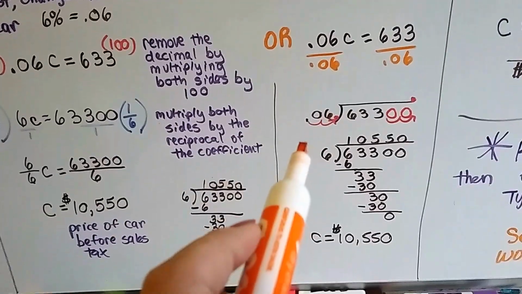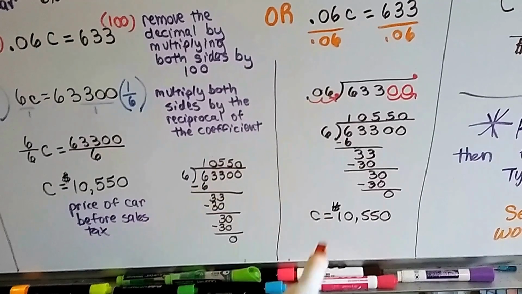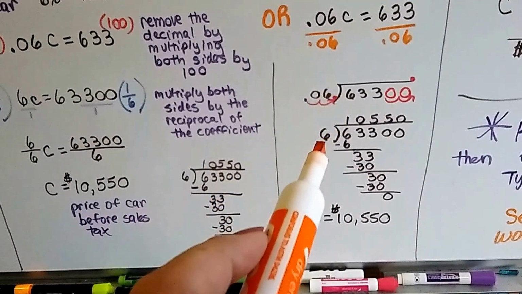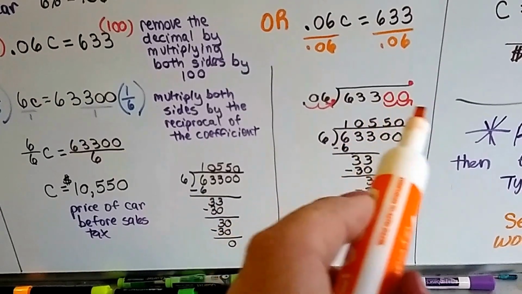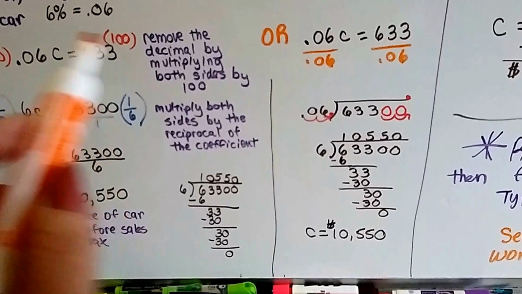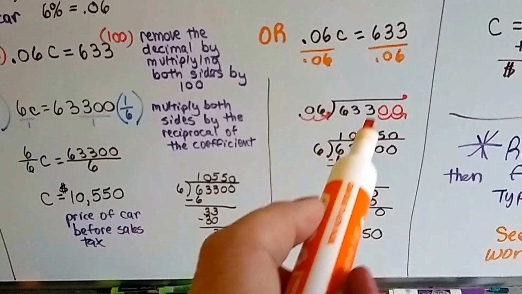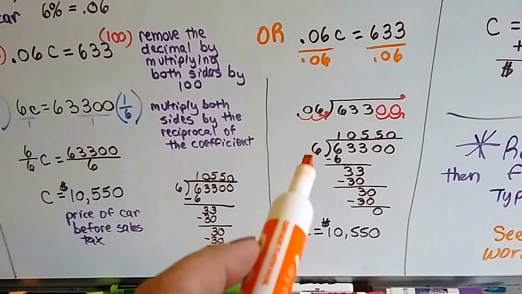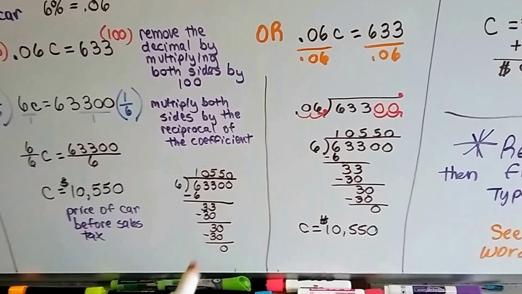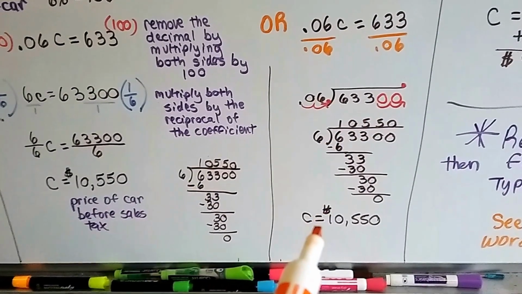When we do the long division, we move the decimal point over for the 6, and we move it over for the 633, and it's basically doing the same thing as multiplying both sides by 100 by moving that decimal place over when we do the long division, and we still get 6 goes into 63,300, see? And it's 10,550.